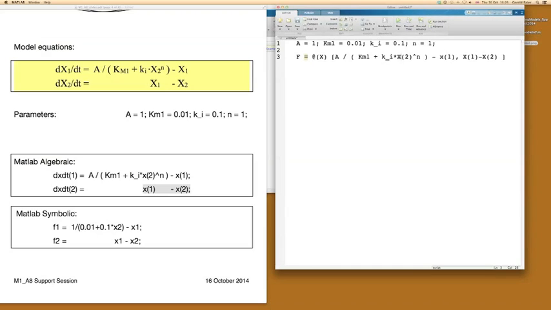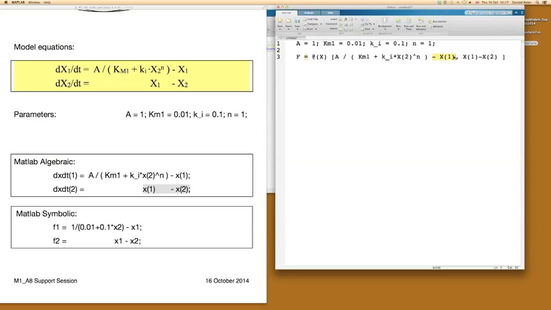Our first thing must have a capital X because we have defined it as a capital X. And we can now check whether we have defined completely. We need to call everything with a capital X. So we have parameter A divided by km1 plus our feedback inhibition ki times x2 to the power of n. However, n is equal to 1, so we don't really use it at the moment.